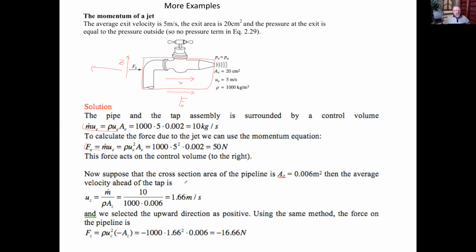Then the velocity u2 is going to be slower, because the area is 0.06, before it was 0.02. So we increased the area 3 times. This is just what happens.